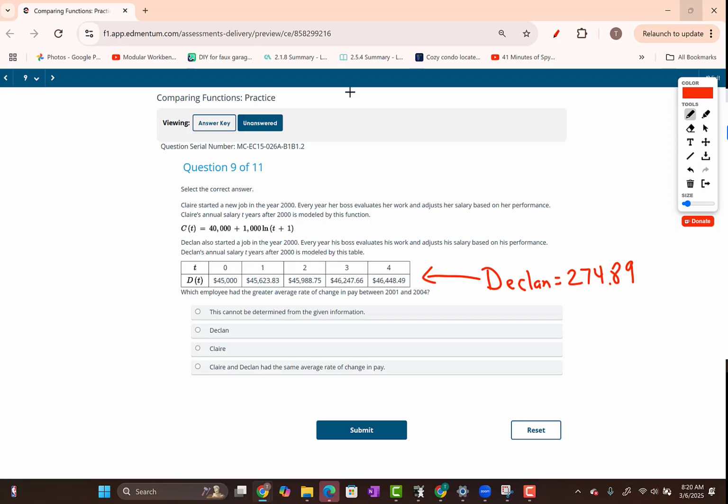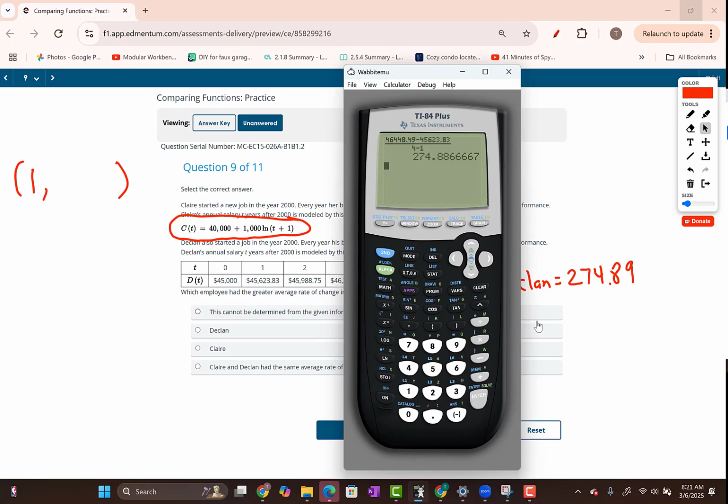All right, Claire's number will be a little trickier because we don't have the corresponding y values yet. So when x is 1, we will need to get the calculator back out, and we're going to type out this equation. The natural log button is right here next to the 4 key if you're using a similar calculator. Instead of t plus 1, we're going to substitute 1 for t.